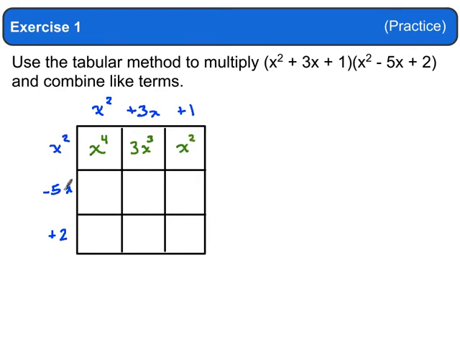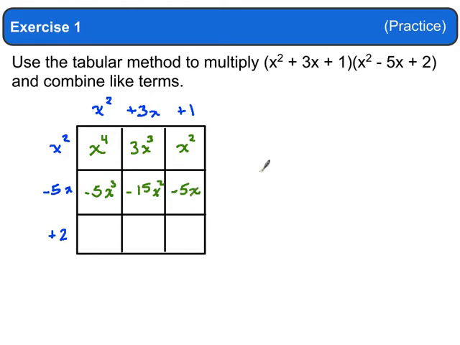So now we're going to take the second row and multiply it to every single column. So negative 5x times x squared is negative 5x to the 3rd power. Negative 5x times 3x is negative 15x squared. And then we get negative 5x.